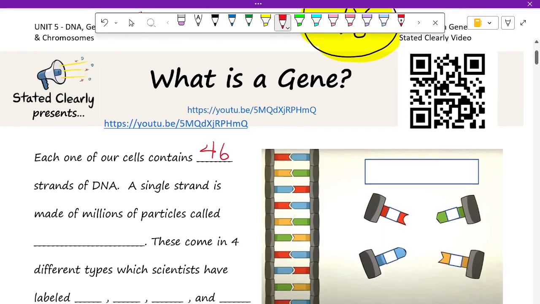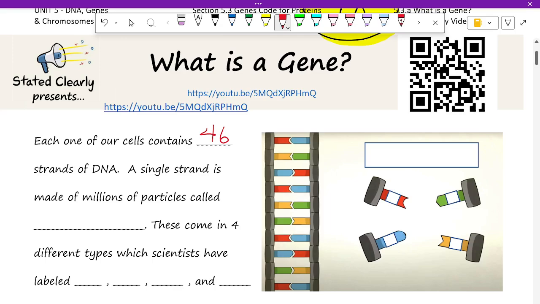A single strand is made of millions of particles called nucleotides. These are our nucleotides. And the nucleotides are A, C, T, and G.